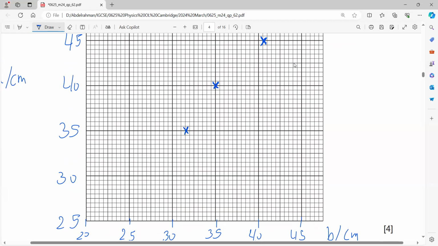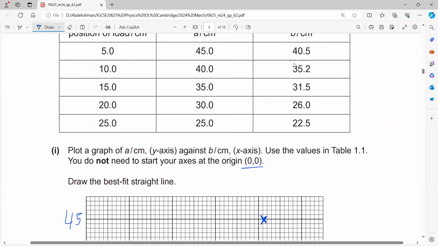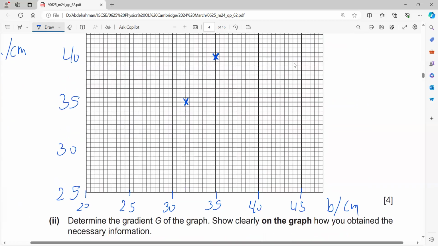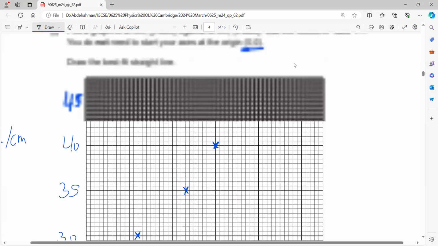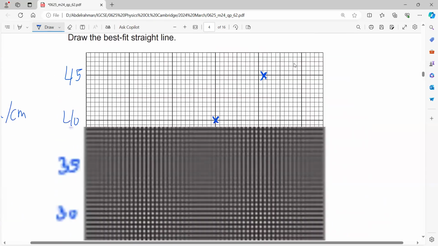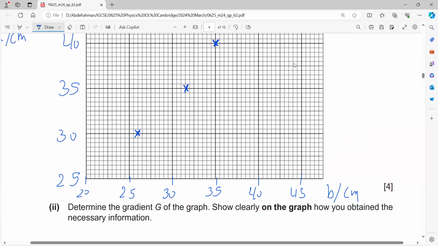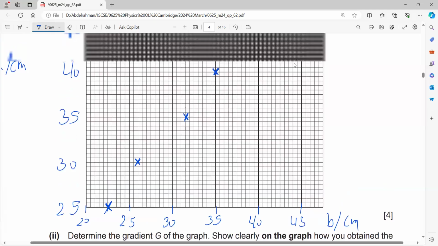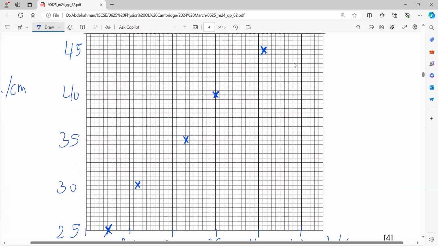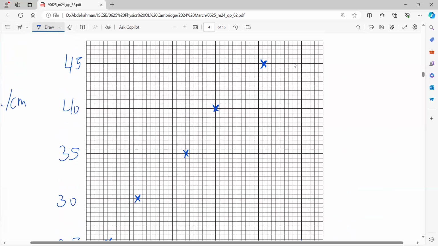That's easy. 26 and 30, also easy. Last but not least, 22.5 and 25. 22.5 would be exactly here with the 25. Again, while plotting, we have to put small x's, preferably small x's or dots with circles.